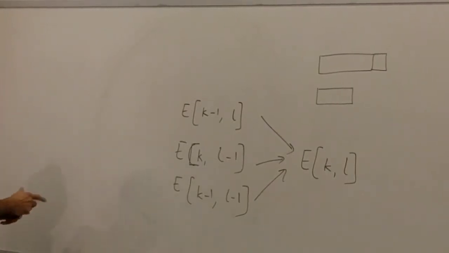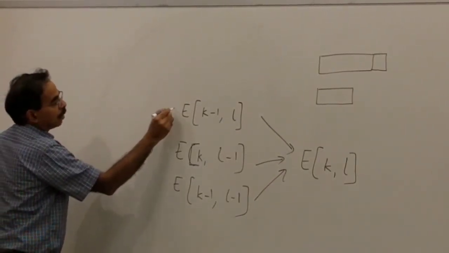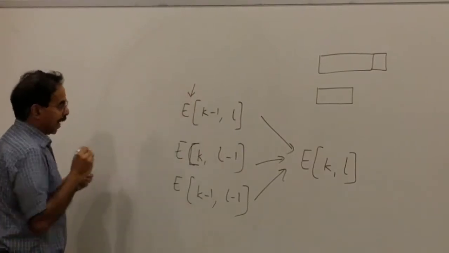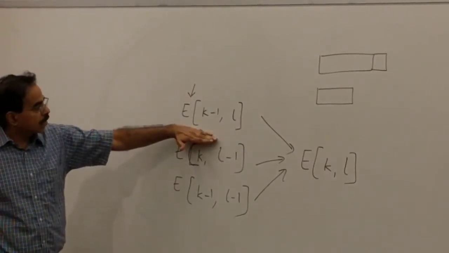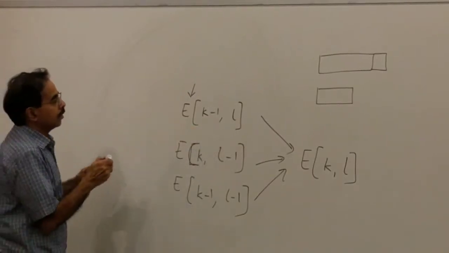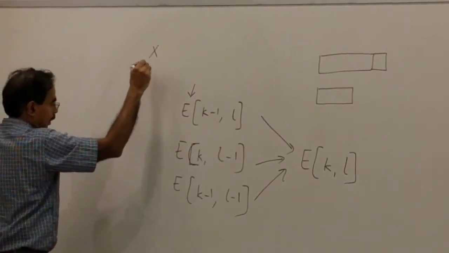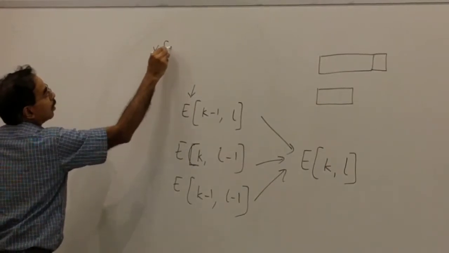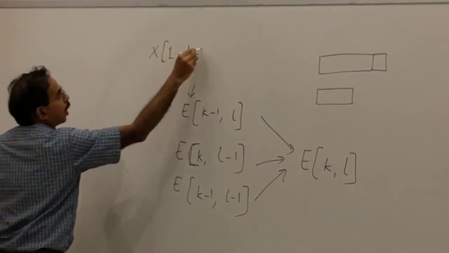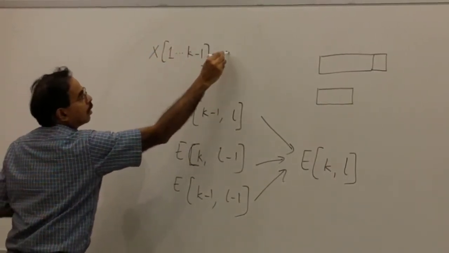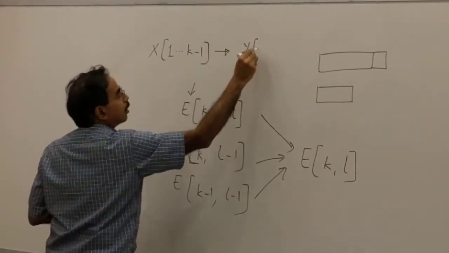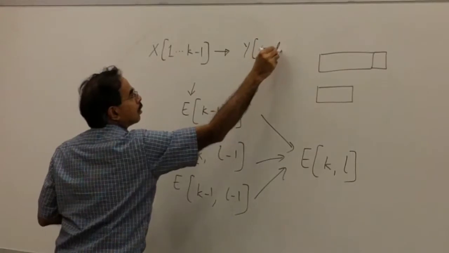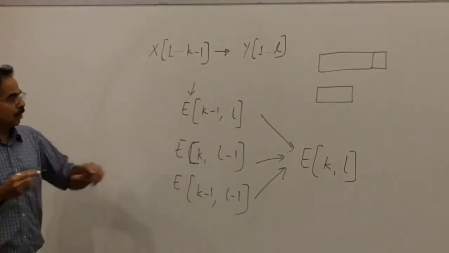Now suppose you already know the edit distance, the value of this. That is, the smallest cost sequence that maps x1 to k minus 1 to y1 to L. Suppose you know that.